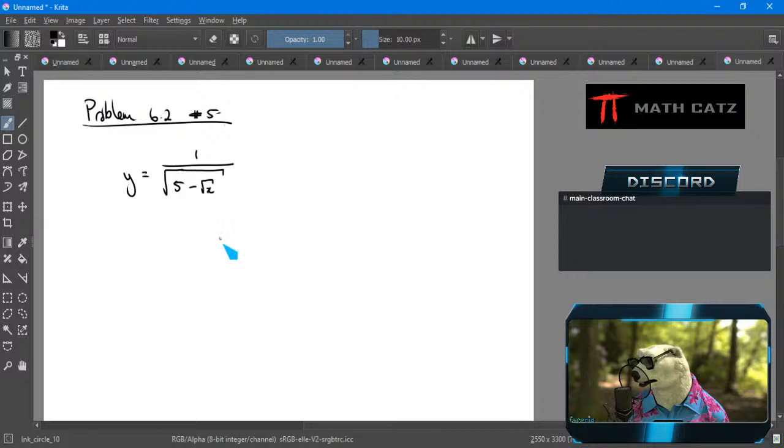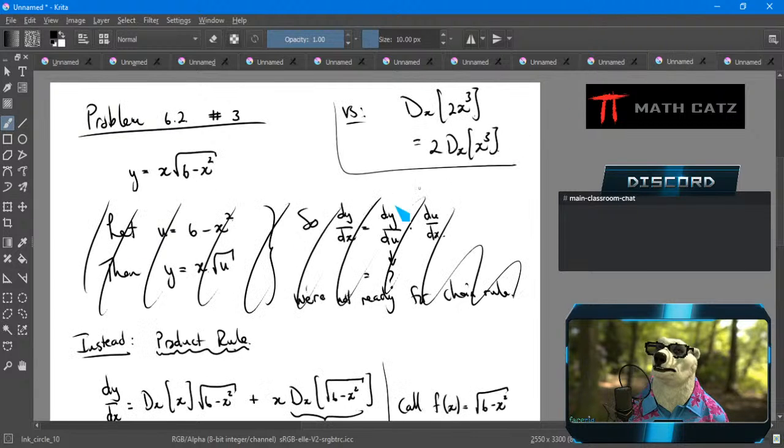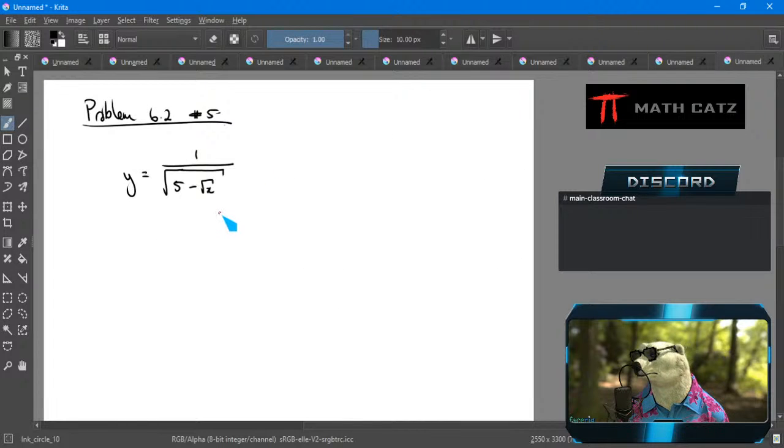Don't just go, "I've decided this is a chain rule question right away." Well, here it wouldn't have worked. So we need to think first. I'm not saying it is and it isn't. I'm just saying take a moment to think. Or you feel, okay, no, I think it's chain rule ready.